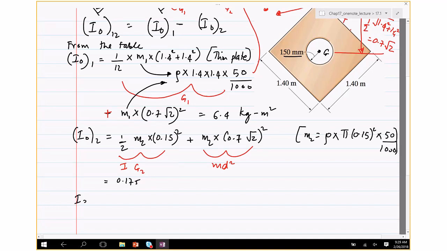So IO12 is 6.4, which is the inertia of the square plate without the hole, minus the inertia of the hole, but with the hole filled with mass of the same density. So that is 6.23 kg meter squared.